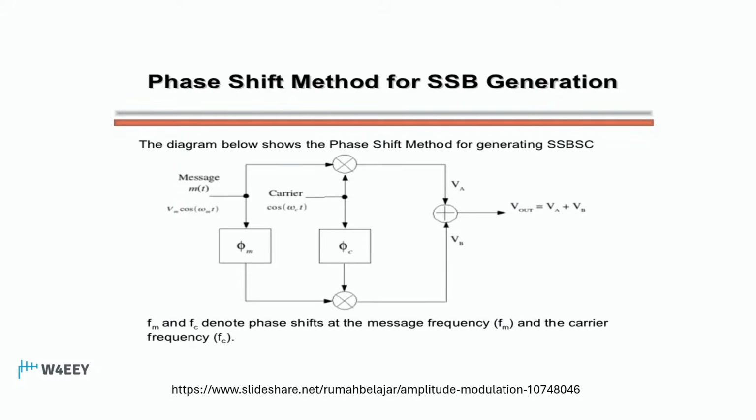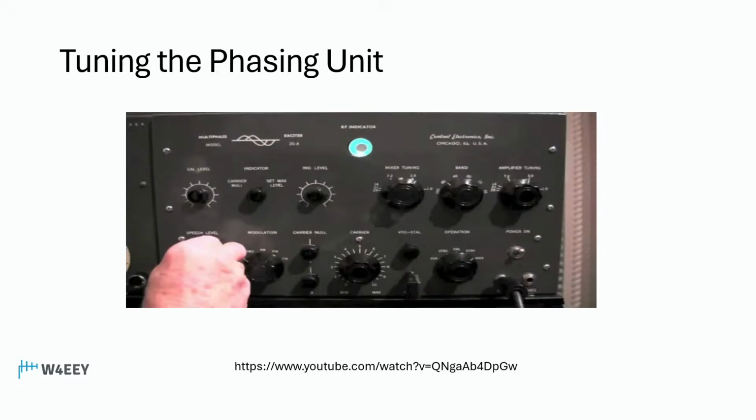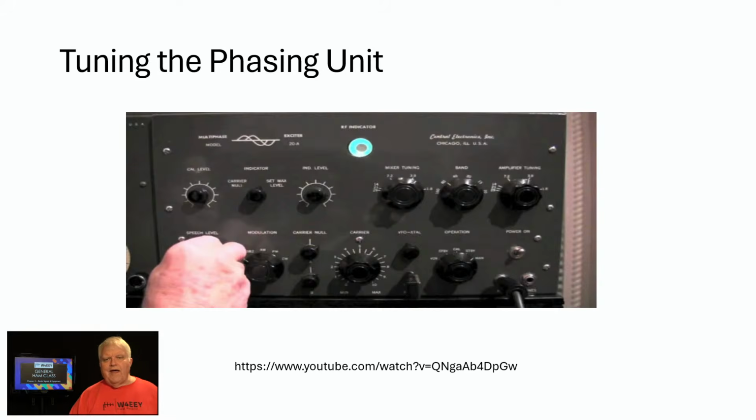And some of the old original equipment still exists today, and in fact, the late Bob Heil actually put together a radio system using the original Central Electronics phasing generator for single sideband. Well, let's let him tell us about it.